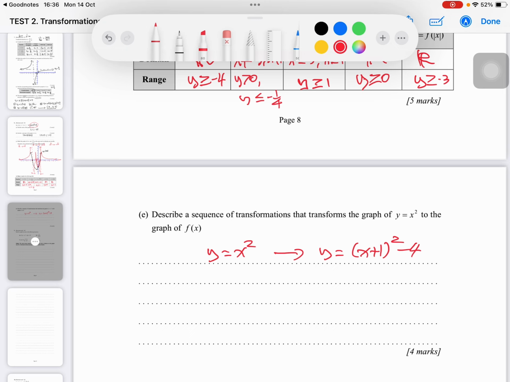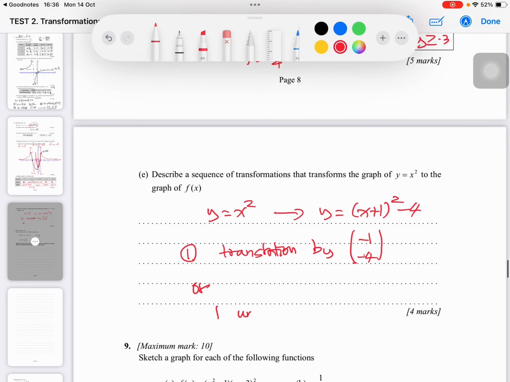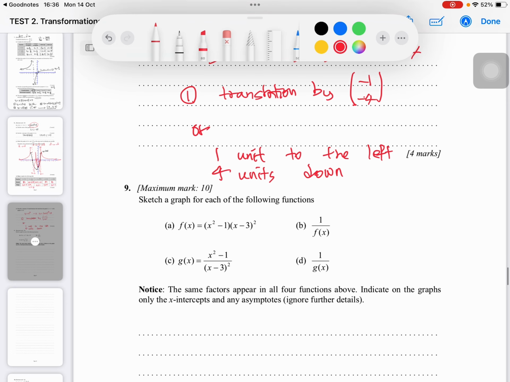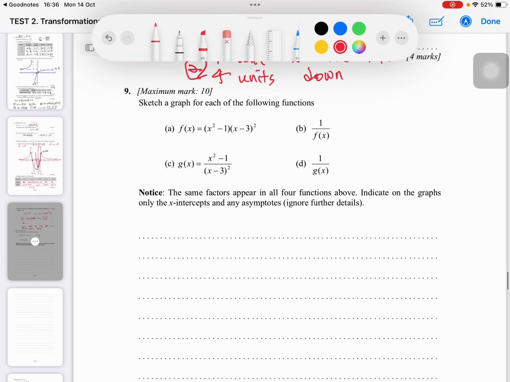So this one we can say translation by negative 1 and negative 4, like to the left 1 unit, 4 units down, like this, or 1 unit to the left, 4 units down. Any of them you can answer. So number 9, sketch the graph of each of the functions.